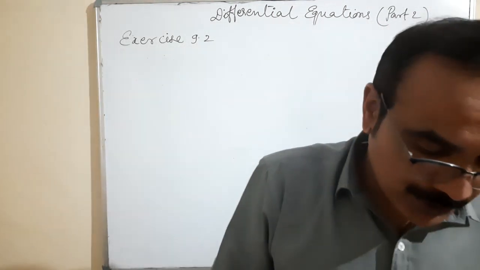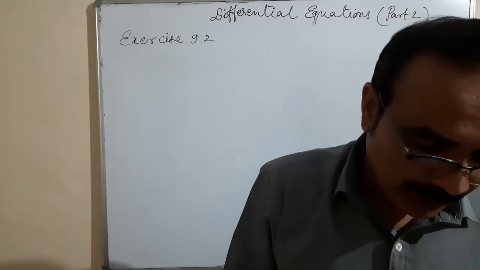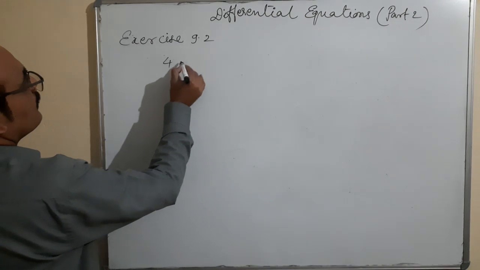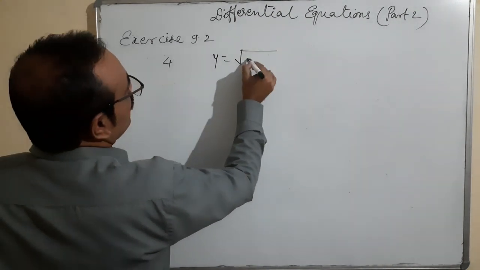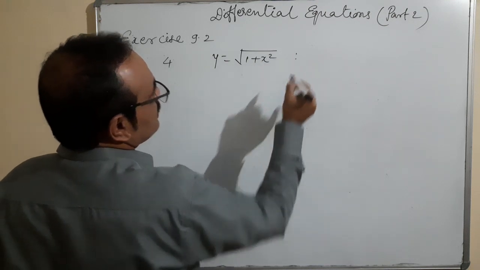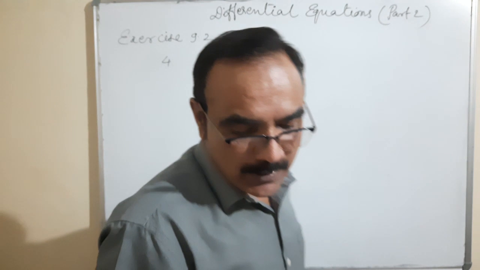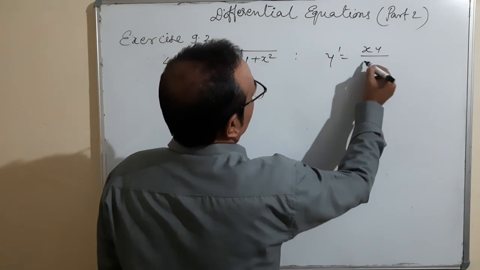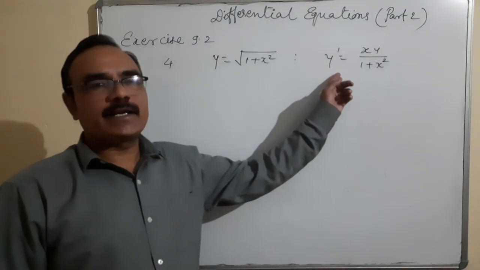Now let us take one question. Fourth question, y is equal to under root 1 plus x square, and the differential equation is given: y dash is equal to xy upon 1 plus x square. Y dash, single derivative here.